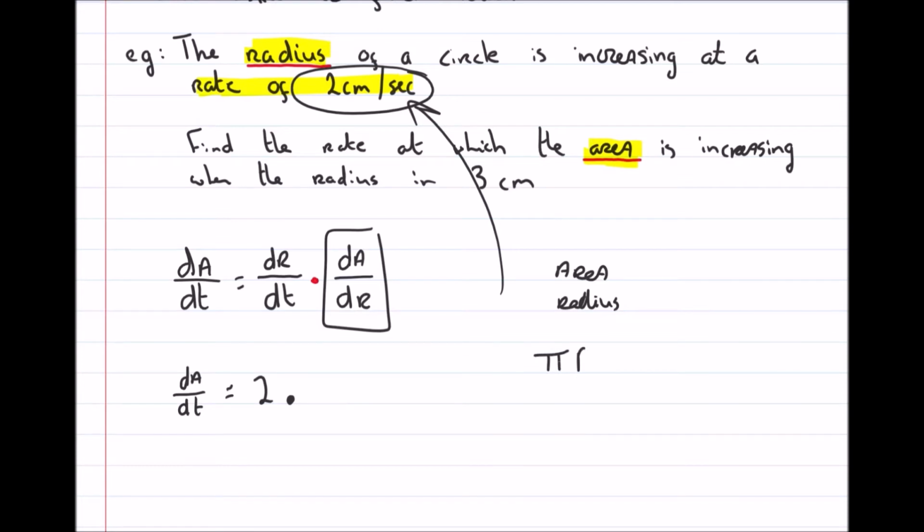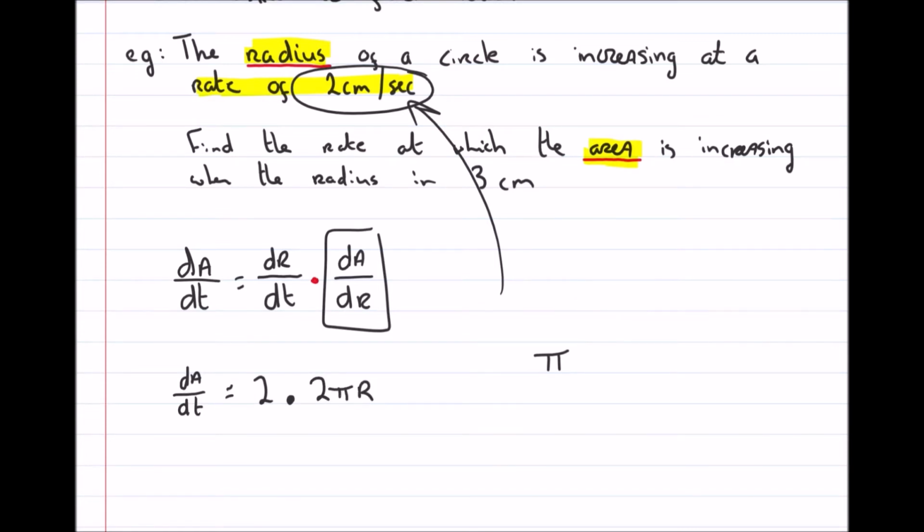Pi r squared. Area equals pi r squared. Will that give me the area when I put in a radius? Yes, it will. So I need to differentiate that. If I differentiate pi r squared, and I won't do it out, but I can tell you the answer, it is 2 pi r.